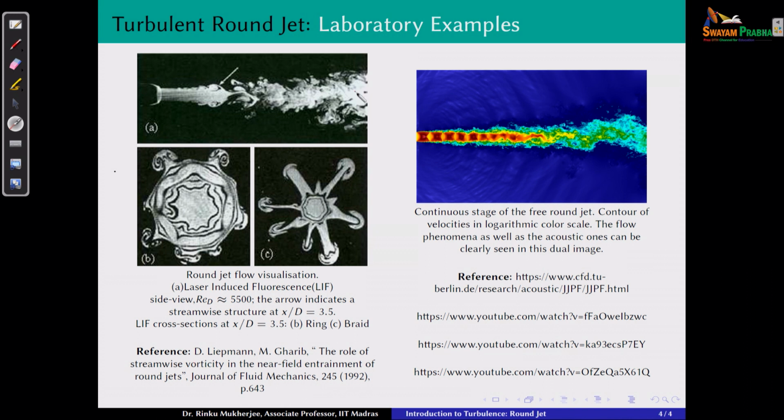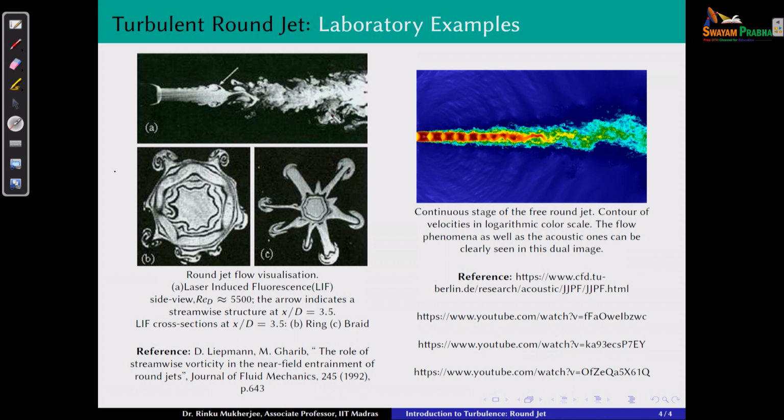Now, if you look at this, what is going on here? There is a jet which is coming out, and if you look at the jet, it is like that.